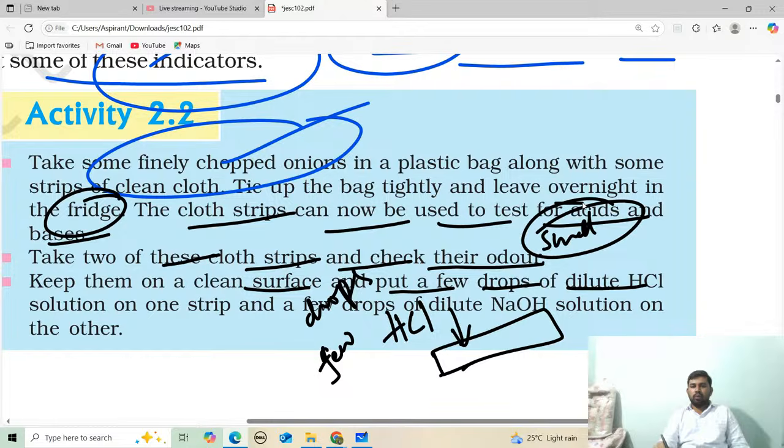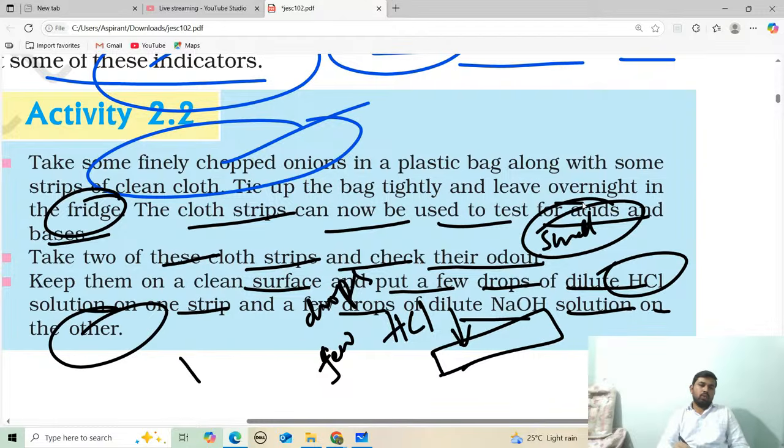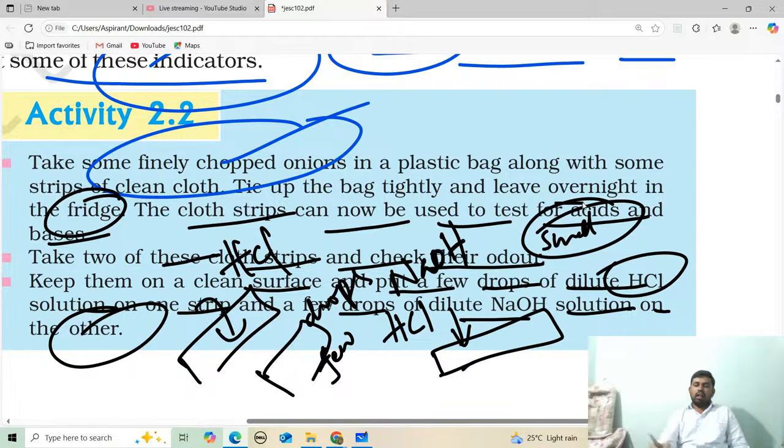Put a few drops of dilute HCl solution on one strip and a few drops of dilute NaOH solution on the other. So they take two cloth strips, adding HCl on one and NaOH on the second. Then they ask people to find out the smell. If it is acid, the smell remains the same. If it is base, the smell will disappear. In this way, they identify acids and bases based on odor.